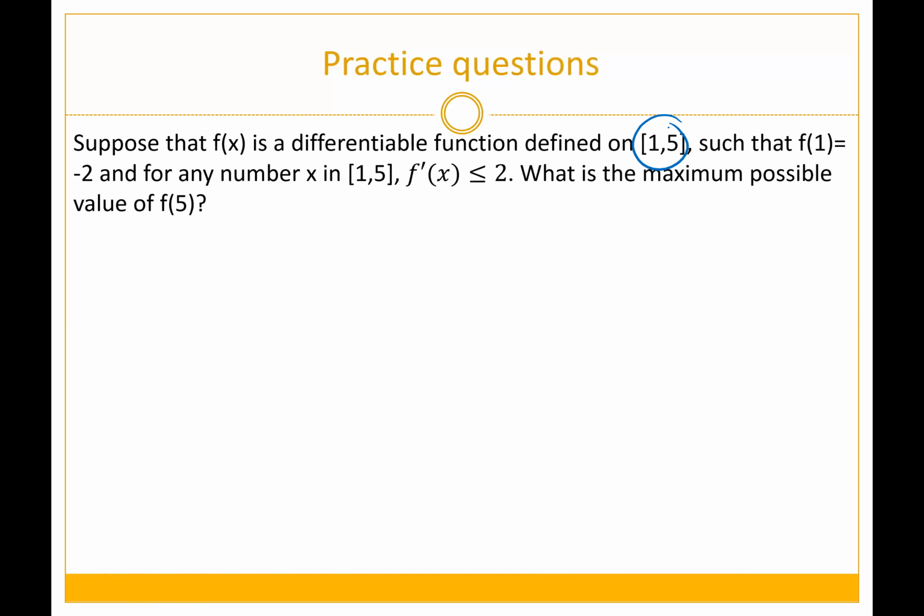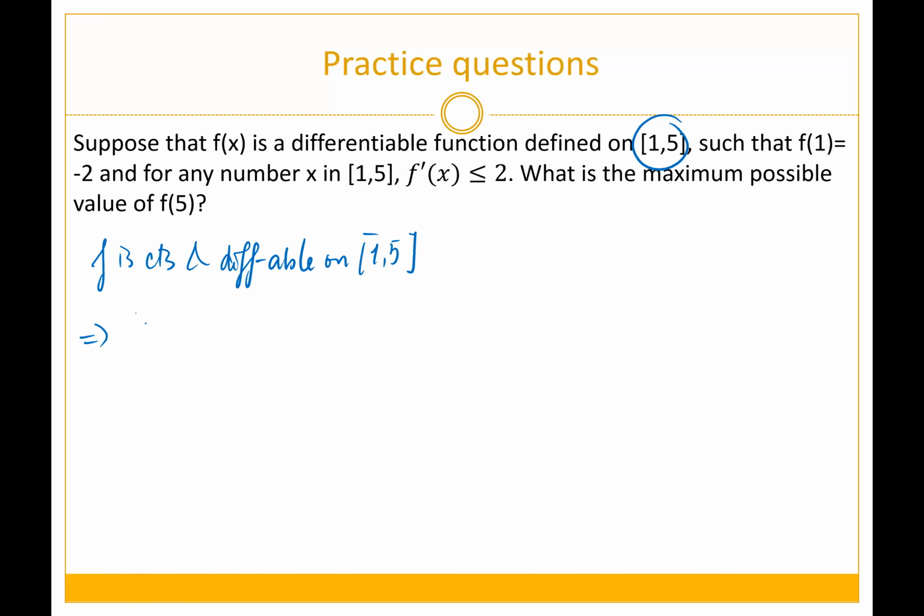So this is a strange one, but I went over this in one of the sections. This is where we talk about the mean value theorem. Based on the mean value theorem, f is continuous and differentiable on (1, 5).